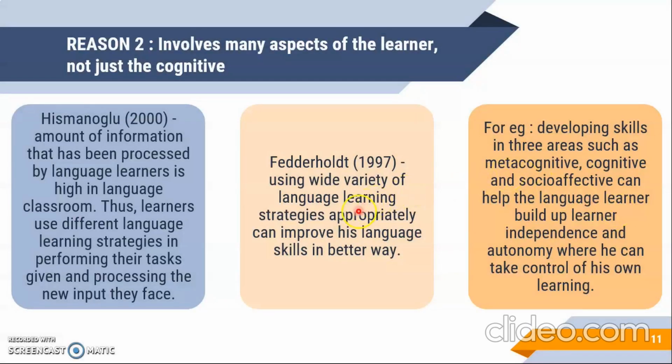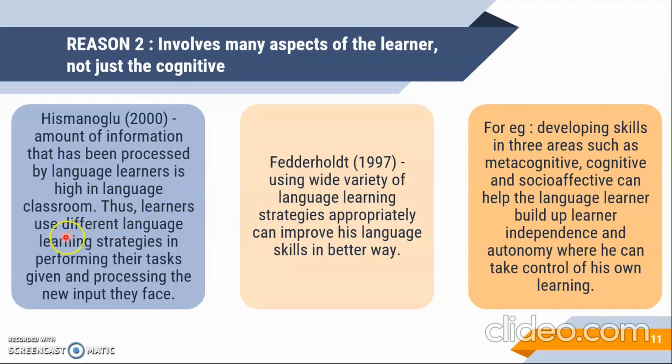Besides that, language learning strategies by Oxford also involve many aspects of the learner, not just the cognitive. Hismanoglu 2000 has stated that the amount of information that has been processed by language learners is high in the language classroom.